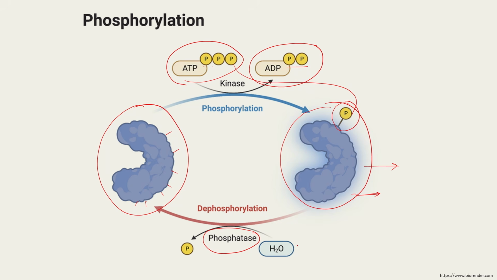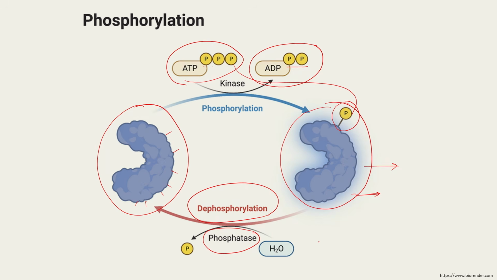Phosphatase can remove the phosphate group and convert the activated form of the protein into the native form by a process called dephosphorylation. So the phosphorylation event happens because of the presence of an enzyme called kinase, and dephosphorylation happens because of the presence of phosphatase as an enzyme. So the phosphate can recycle into the system and do its function individually.